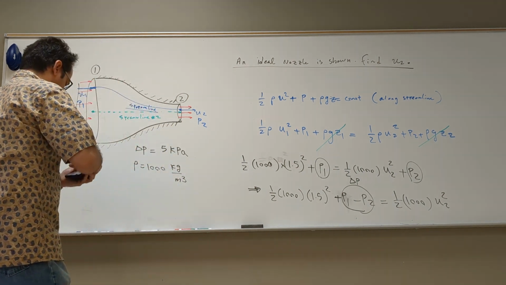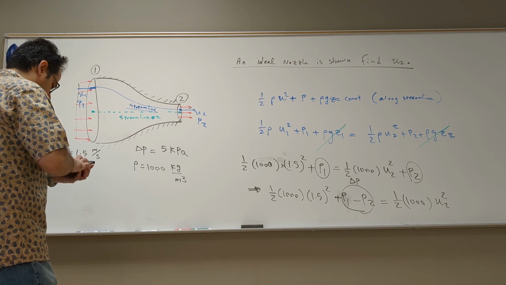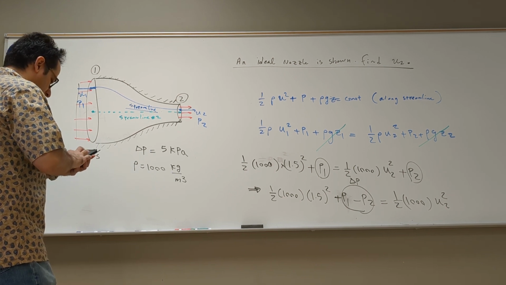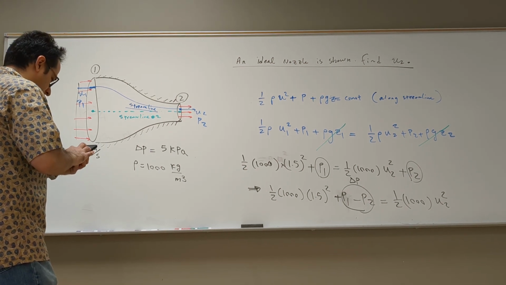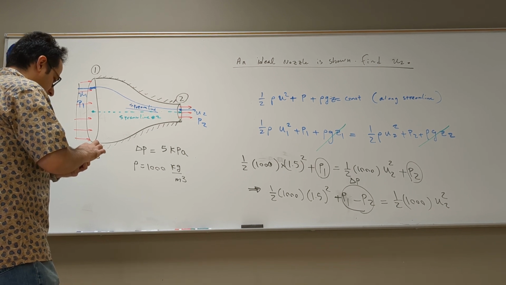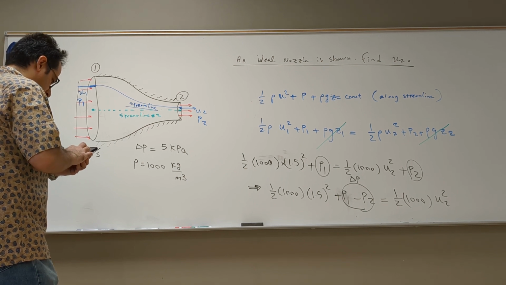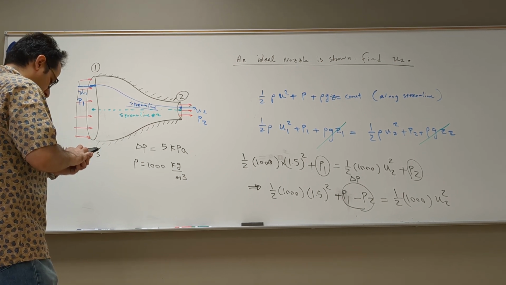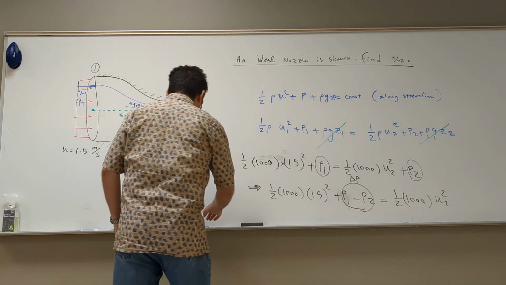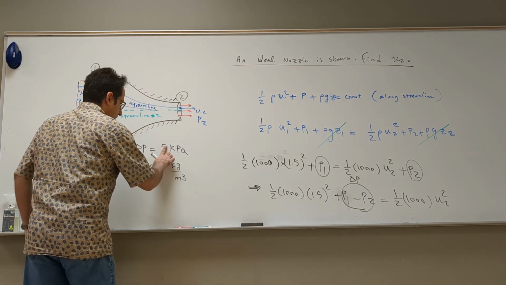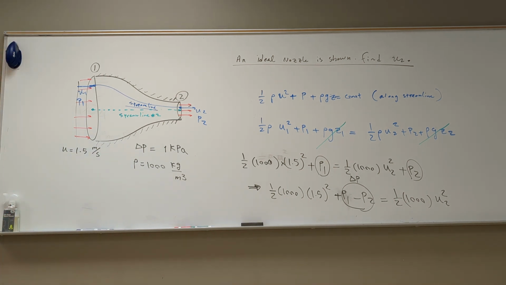But let me substitute numbers here. So you have 1/2 of 1,000, 500, times 1.5 squared. So this delta P, I put 1K. I put 5K, wrong number.